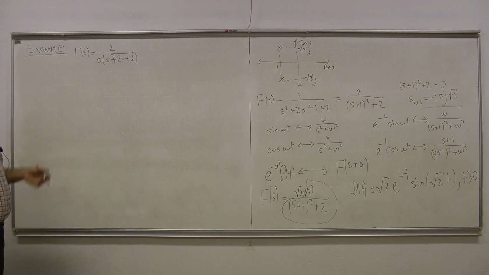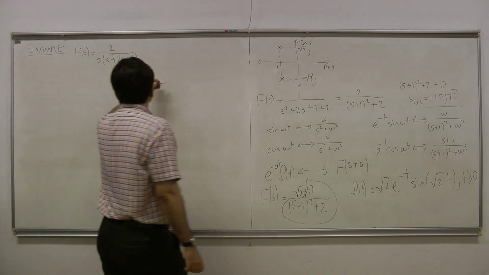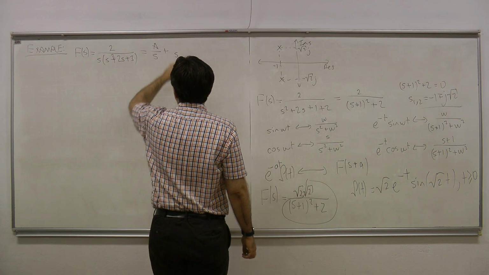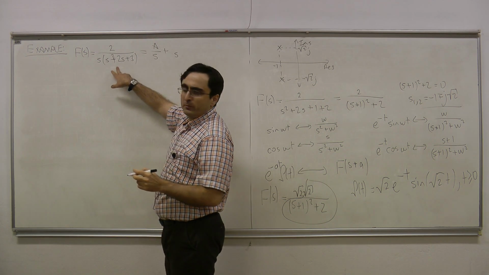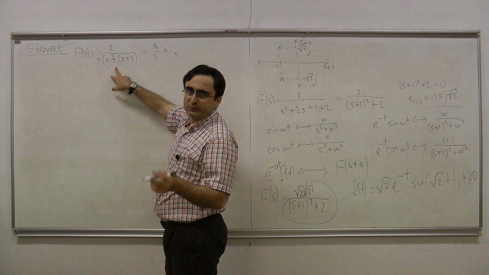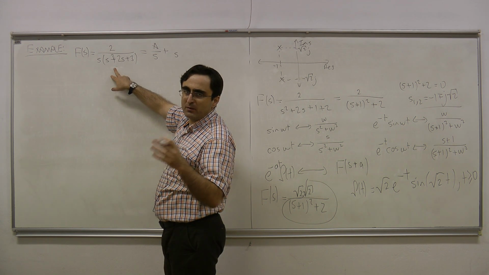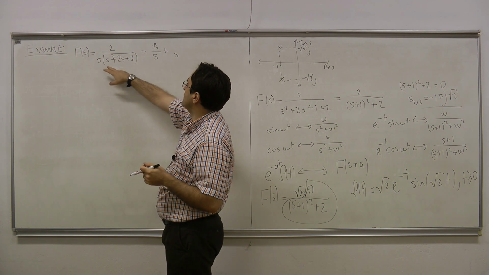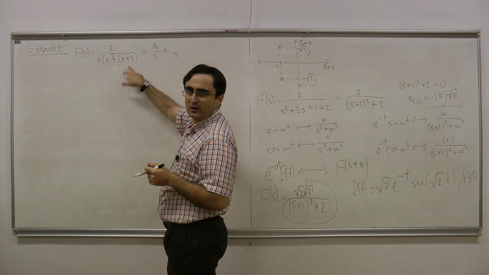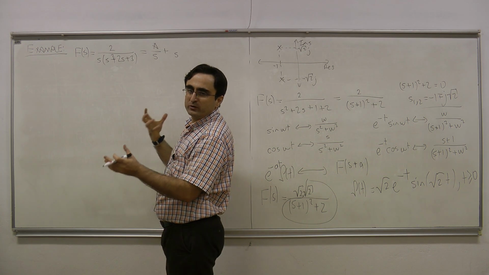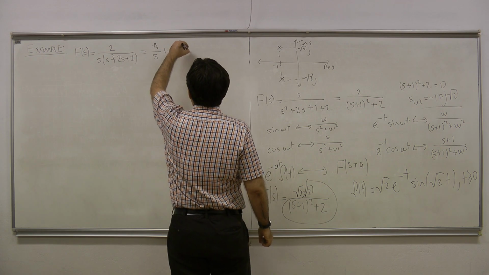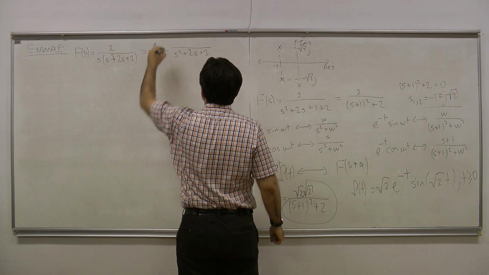Now let us try to apply partial fraction expansion here. I have a over s plus, and I know that this polynomial is exactly the same as the ones before. It has complex roots at minus 1 plus minus square root 2 j. As a result, I would keep it as itself. I won't decompose it into its complex roots. So I would have s squared plus 2s plus 3.